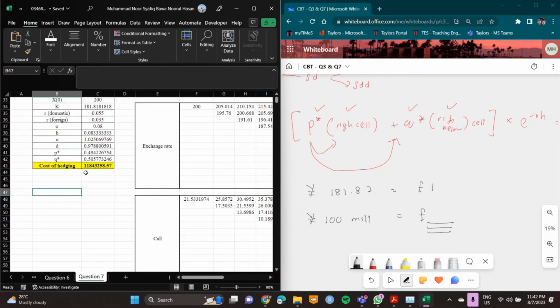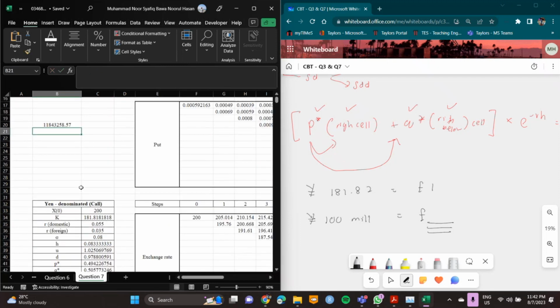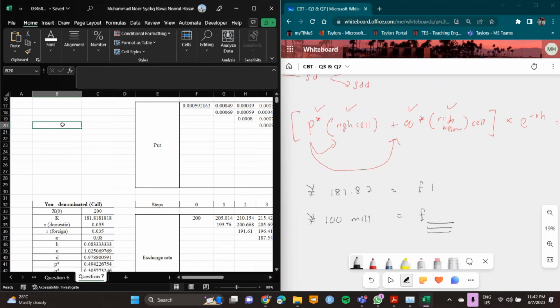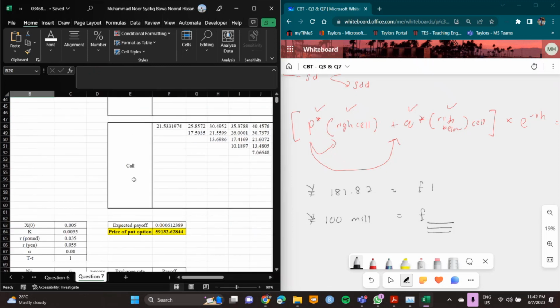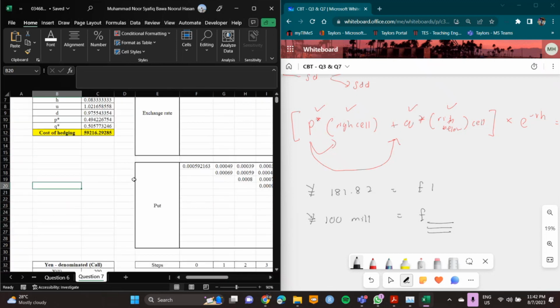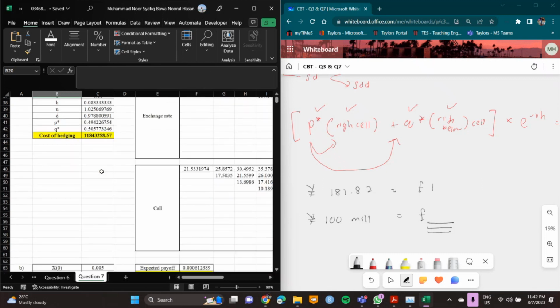Or if you do vice versa, you take the pound denominated times with the X naught of yen denominated, so you will get your yen denominated cost of hedging. So this is how you check your answer whether it's correct or wrong. And that's done for yen denominated call option and pound denominated put option cost of hedging.